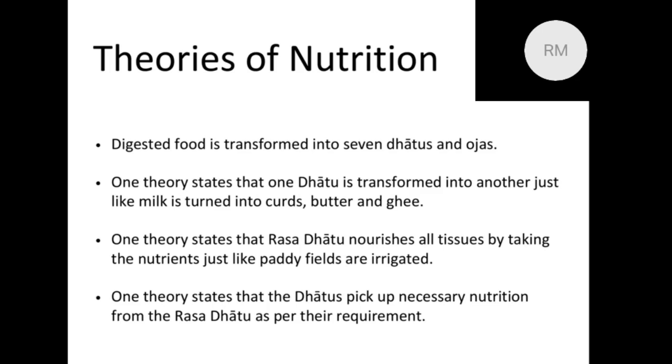So passive transport is, because of osmotic gradient, substances move across the cellular membranes. This is very similar to paddy field irrigation. So this is called the paddy field irrigation theory. Which means if we can change the osmotic gradient of the internal fluids, then we can change the composition of the intra and extracellular fluids.